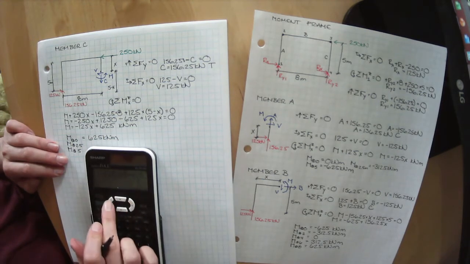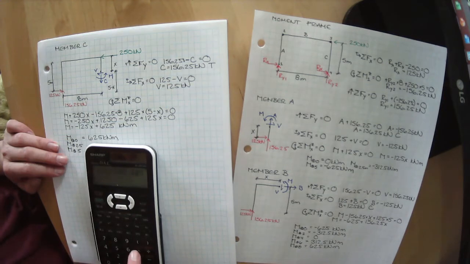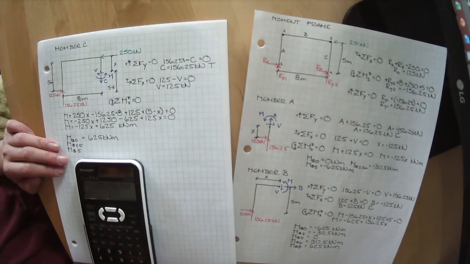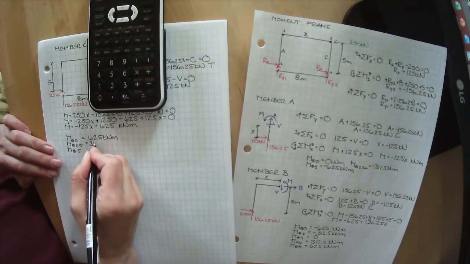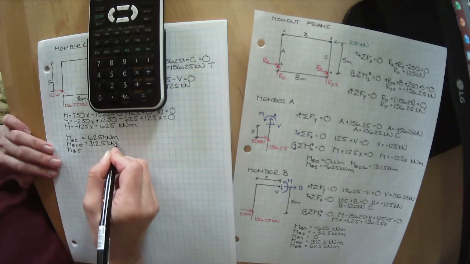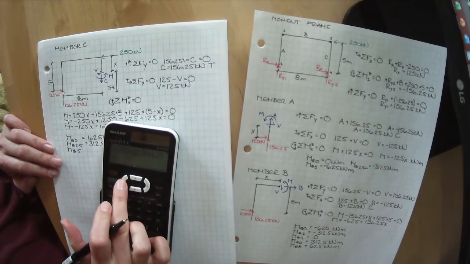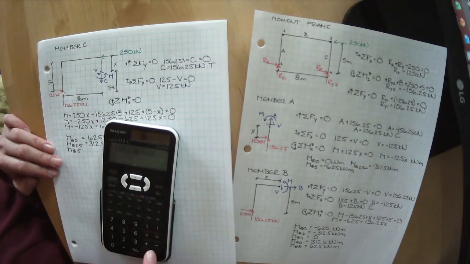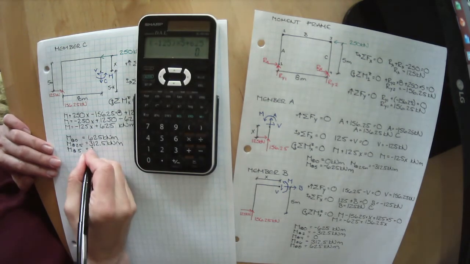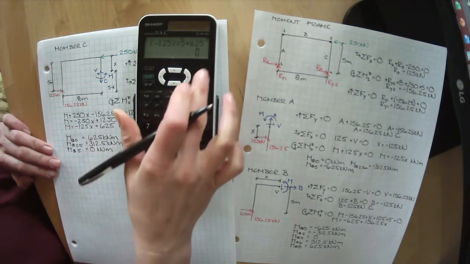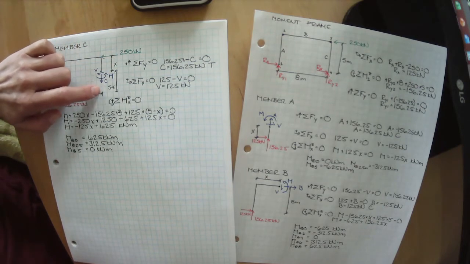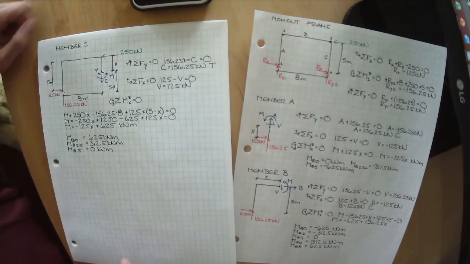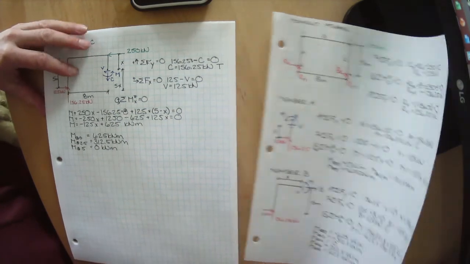At 2.5, plus 625, we get 312.5 kilonewton meters. And at 5 meters, we get 0. So it looks like at this point right here, we'll have 625, and we go down steadily until we get all the way to the end of the member, and we have 0 moment on it.